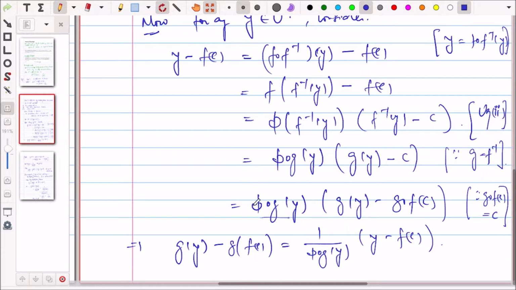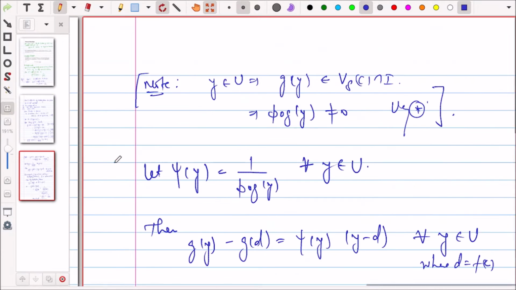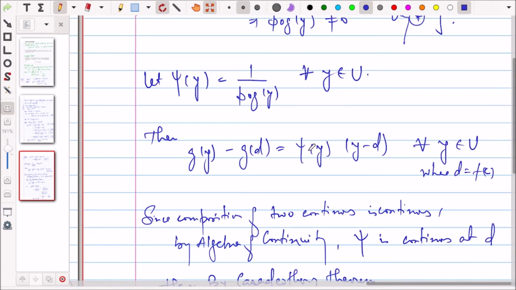We have given the proof here that it is non-zero, so we can bring it into the denominator, and then we take psi to be the function 1 by phi of g on the interval u. Then gy minus gd is nothing but psi of y into y minus d.